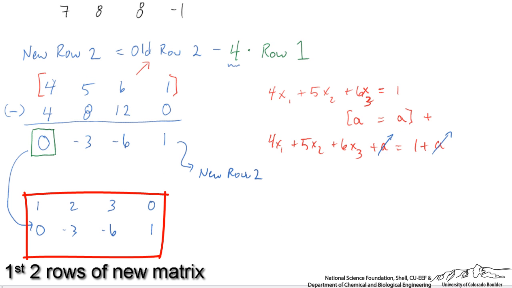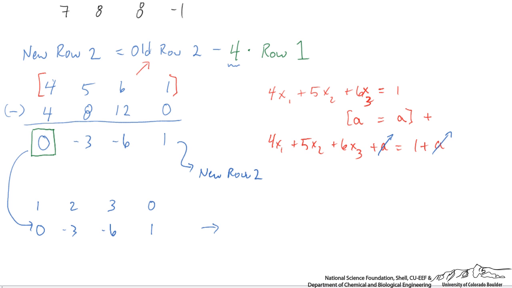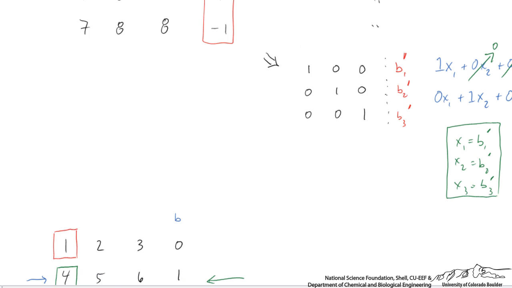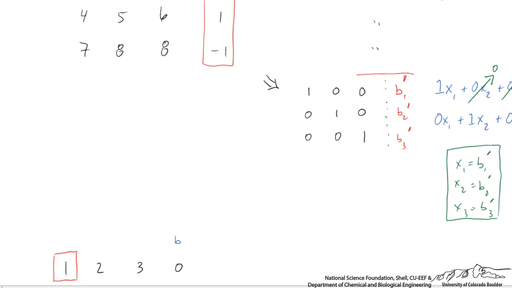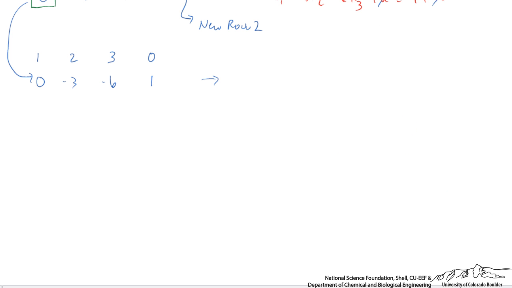The reason I did this is I've eliminated x1 from this second row, and I'm moving in the direction of making my augmented matrix in this form. The next step is to define a new row 3 equal to the old row 3 minus, in this case, I'm going to put a 7 because I have a 7 here that we're trying to get rid of.